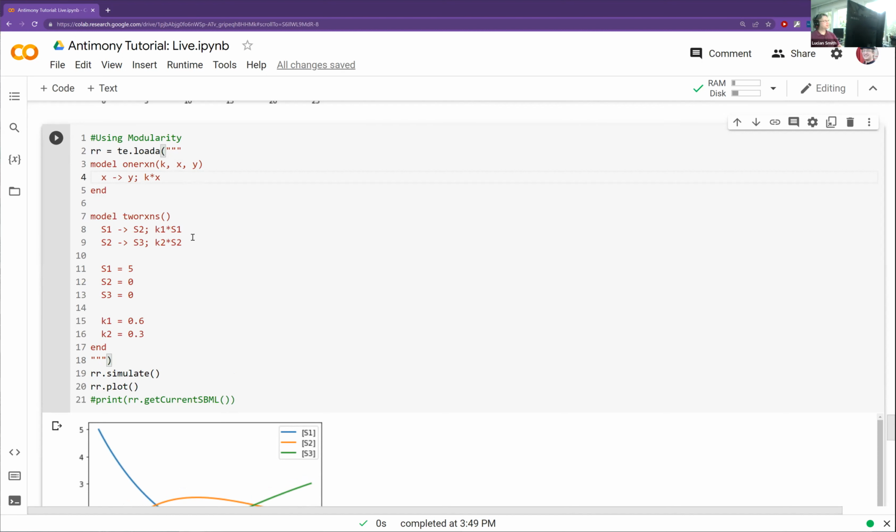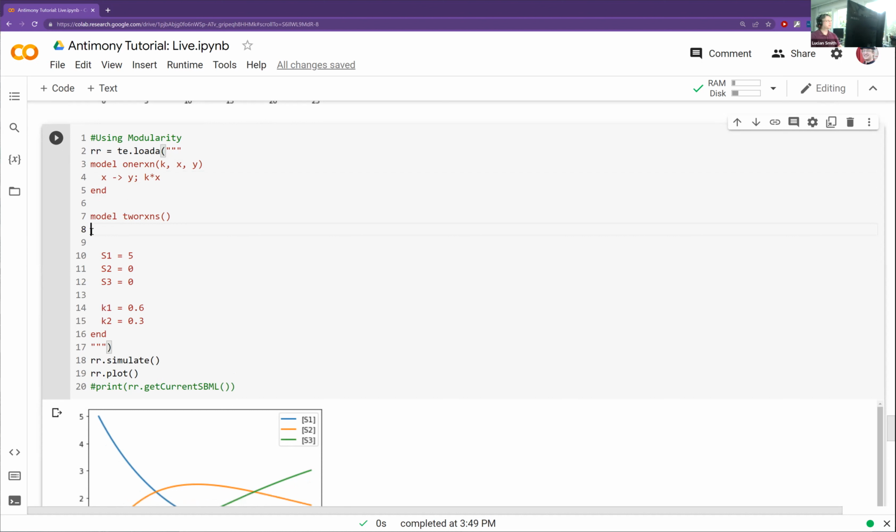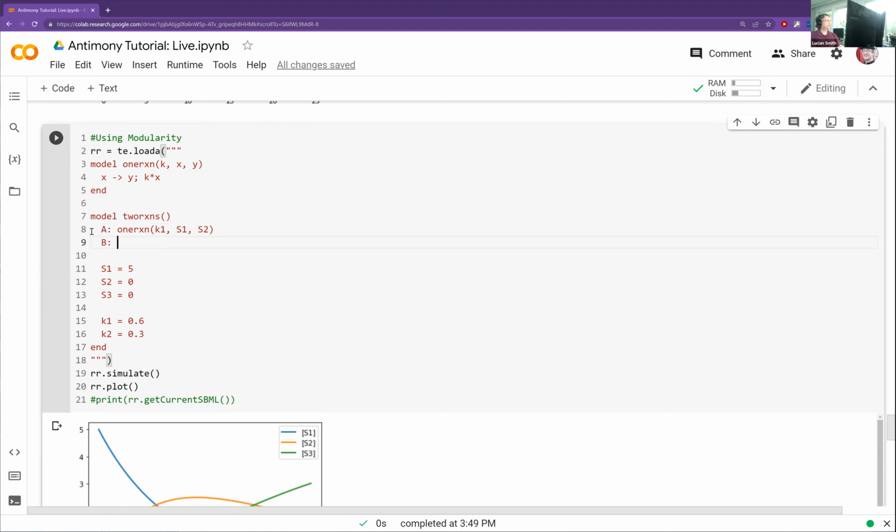And now we're going to delete these reactions and instead import them as submodules. So K1, S1, S2. B1 reaction, A1, S2, S3.